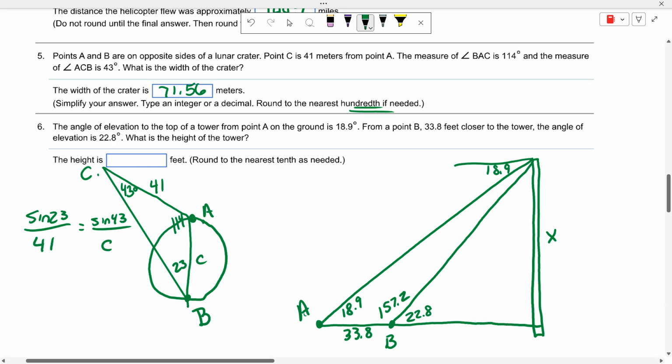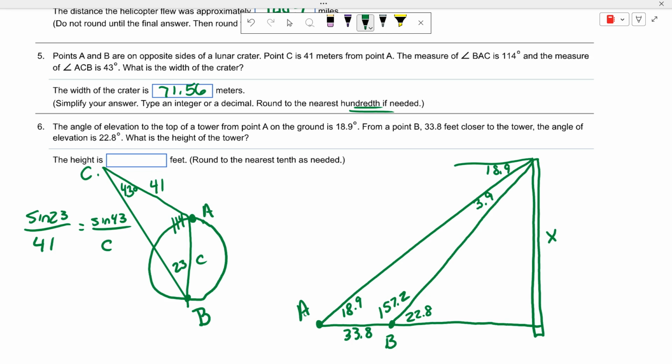That angle up there is pretty small. 180 minus 18.9 minus 157.2. 3.9. Okay, so that's 3.9.